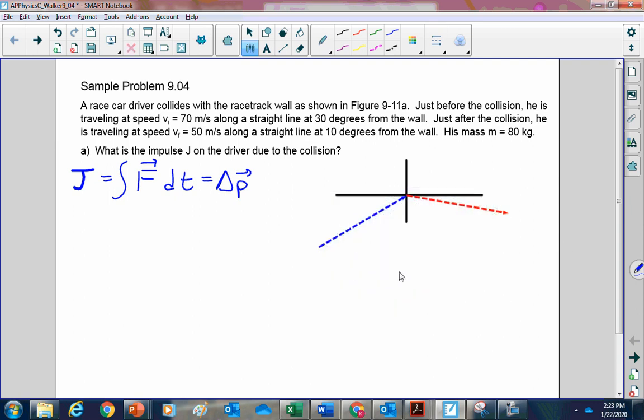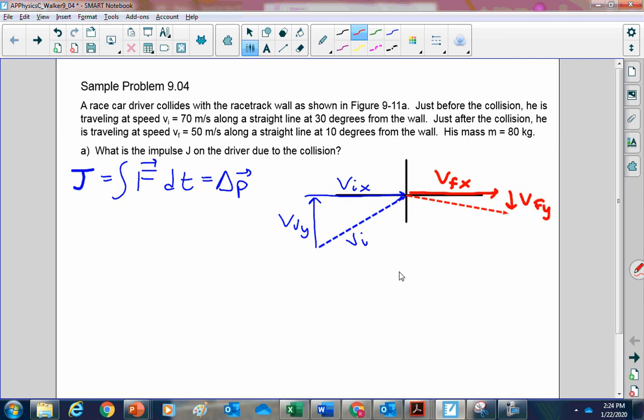Okay, so this is the initial velocity here, and then we would have v_ix and v_iy, and then the v final in the x and v final y.